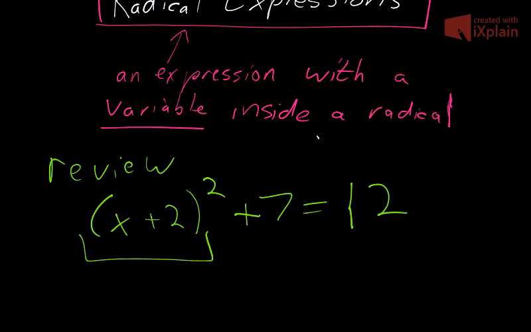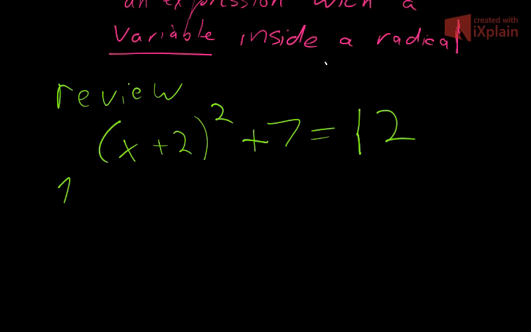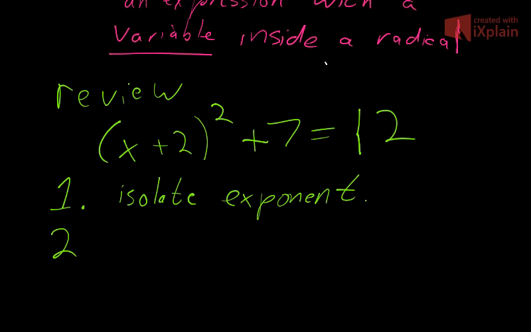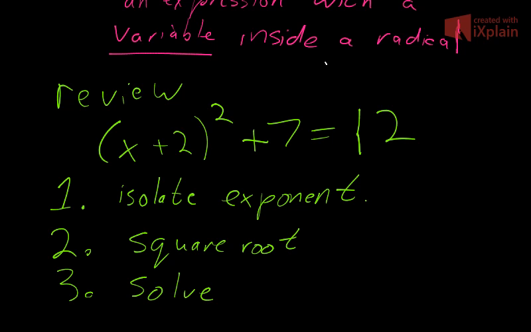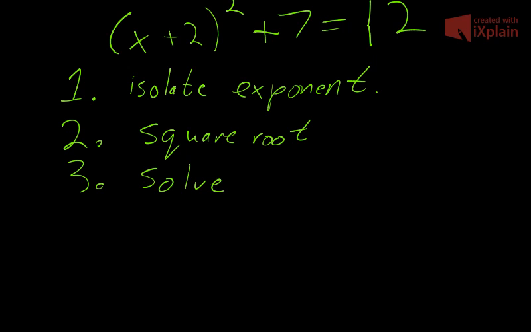It's very difficult to square root the whole thing, and since we do all our operations to an entire side, step 1 would be to isolate the exponent, then to square root our exponent away, and then to solve like normal. So now we're just doing that, but backwards.